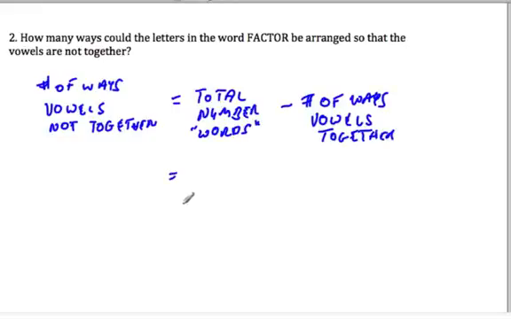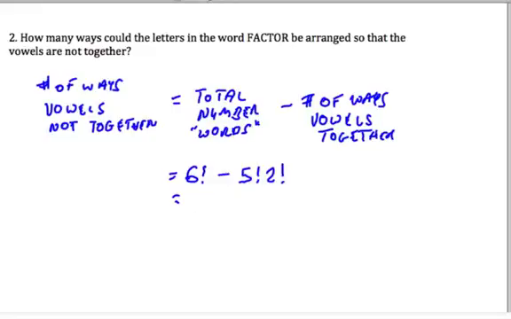All right, so the total number of arrangements of this 6-letter word will be 6 factorial minus the total number of ways where the vowels are together. So we're going to use blocking for the 2 vowels, the A and the O. We're going to consider that as 1 unit. So it would be 5 factorial times 2 factorial.